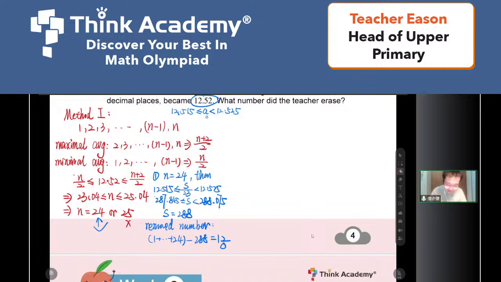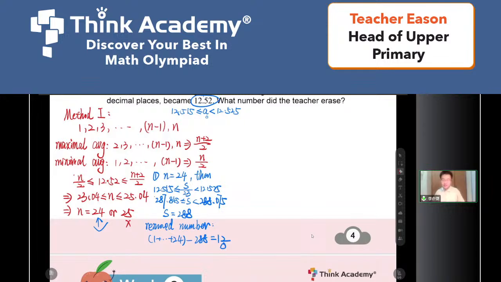Okay. As for 25, if you use the same method to check, you will find there's no integer solution for this S. Because if you change this into 24, you will find that S would be inside a narrow range where there's no integer fit. That's the reason why n cannot be 25.